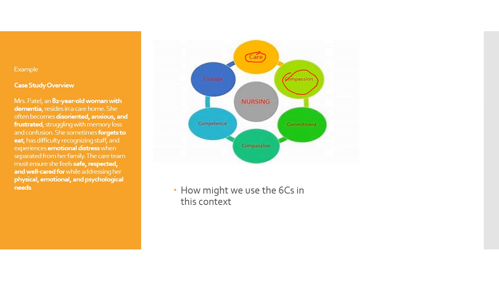Now the next comes is competence. How competence matters in her case. So the caring staff should be trained in dementia care and should be trained enough to use the specialized techniques such as different therapies, structured routines, non-verbal cues so that they can support her effectively.